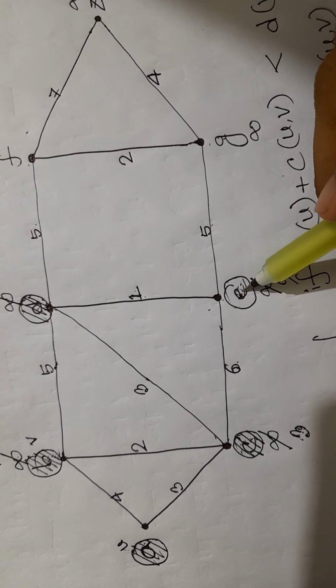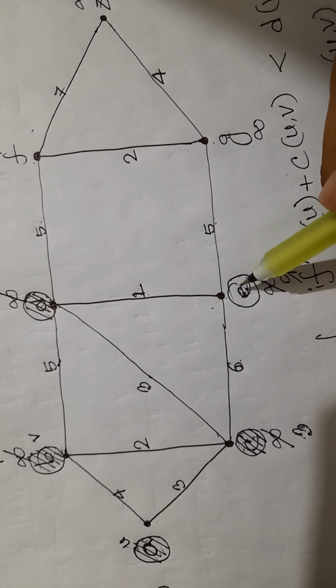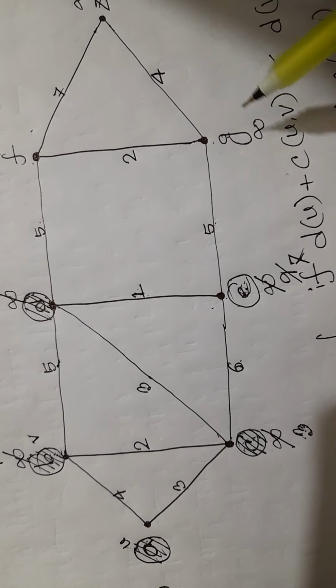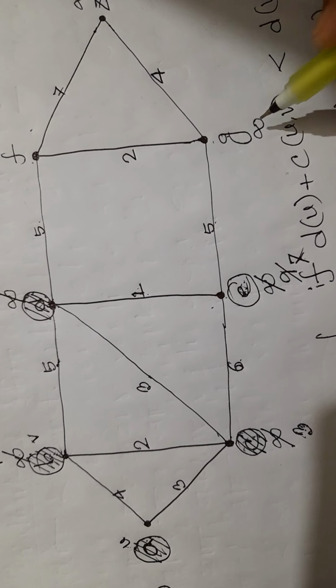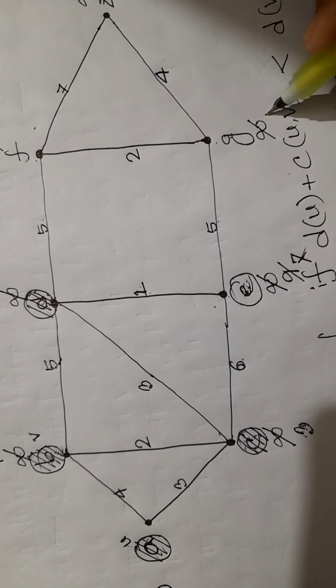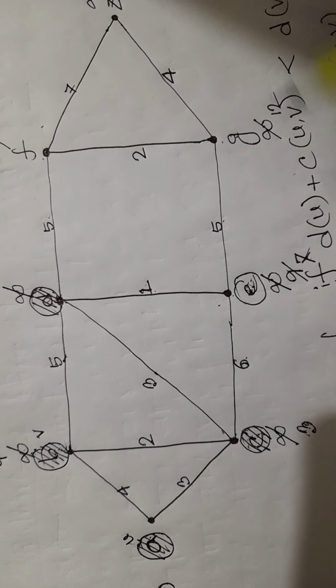The distance of E plus the cost of EG, 5 plus 7 equals 12, which is less than infinity. So the distance of G is updated to 12.